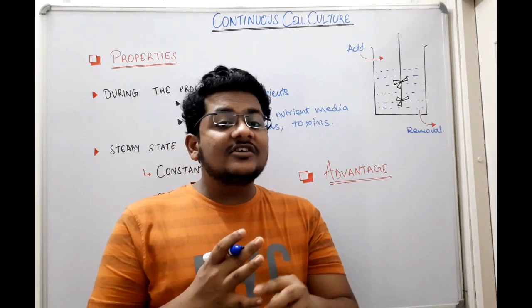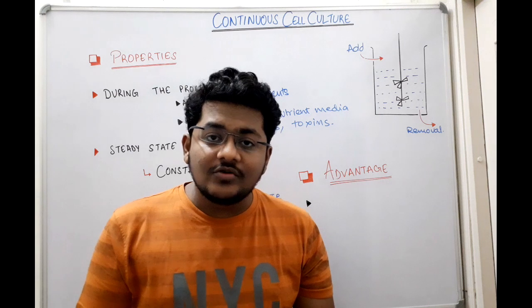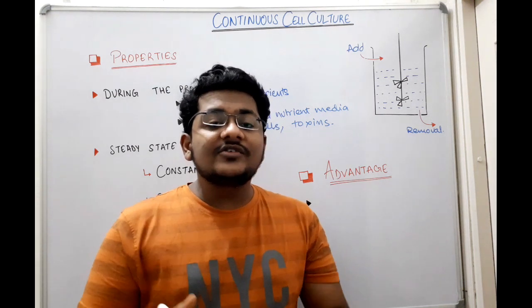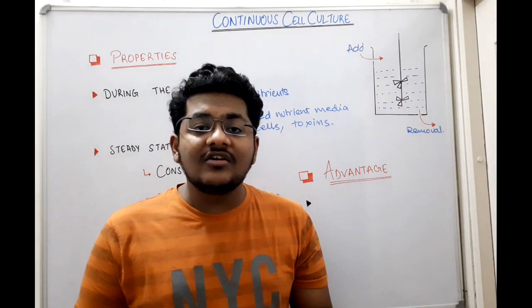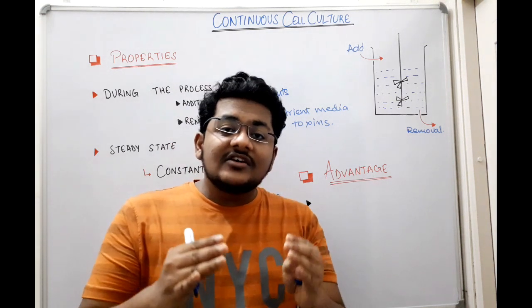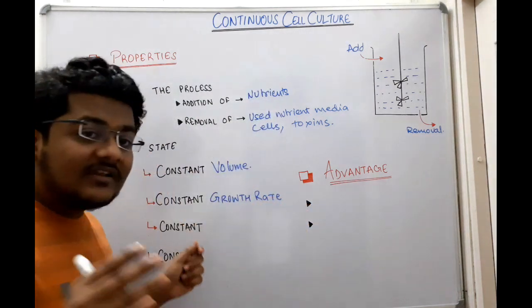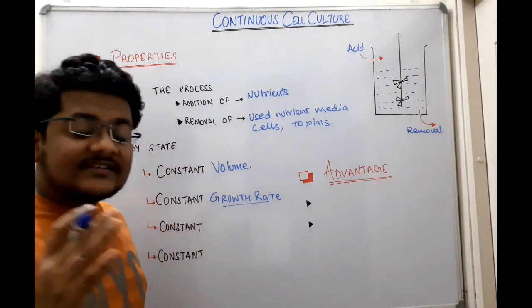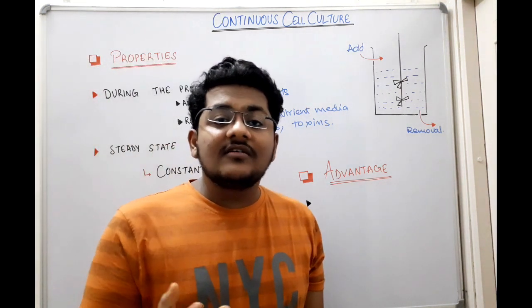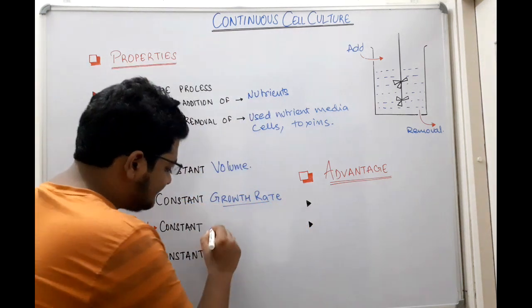So if the nutrients are not depleted and the toxins are continuously removed, then the cells won't enter the stationary phase, or they'll remain continuously in the log phase, and in the log phase the growth rate is maximum and is constant. So in steady state the cells remain in the log phase.